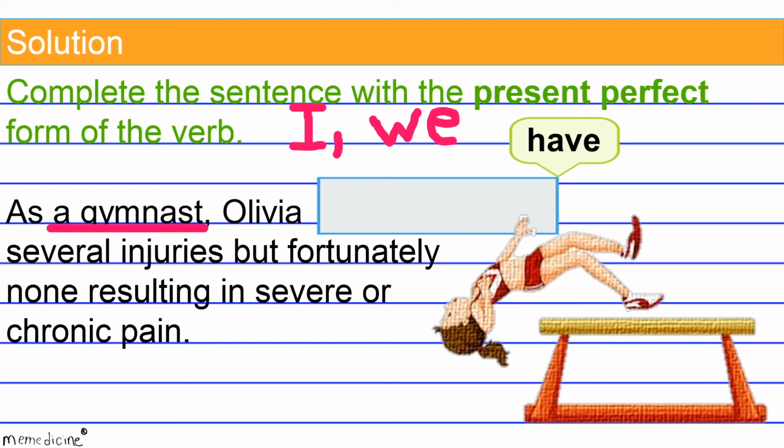Have is also used for second person communication when the speaker is directly addressing an audience of one or an audience of many individuals. And the pronoun associated with second person communication is going to be you, your. And last but not least, have is used for all other plural third-person communication.